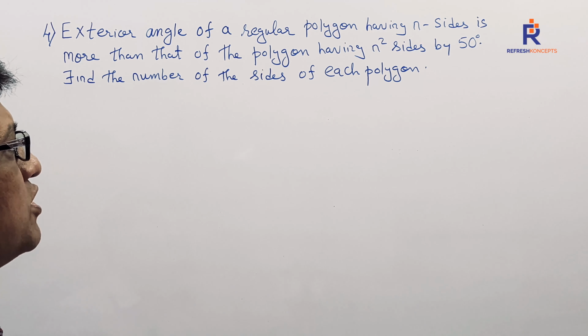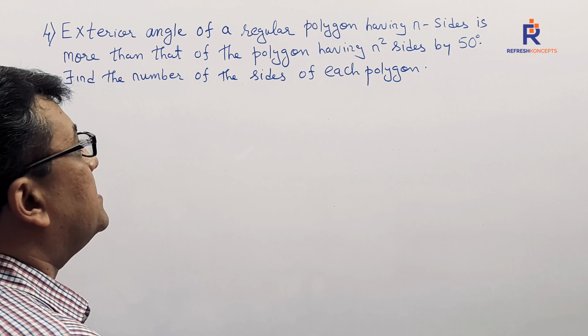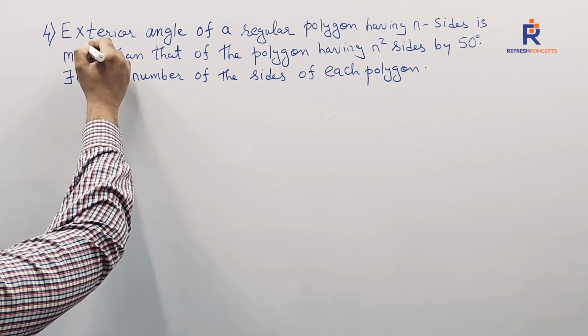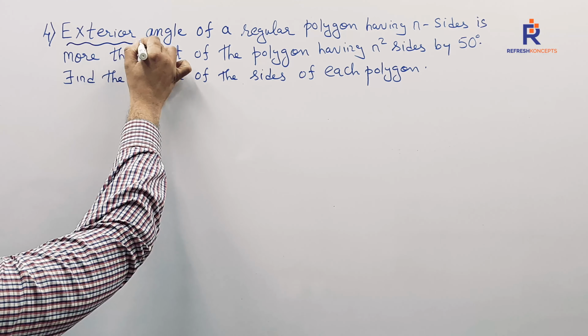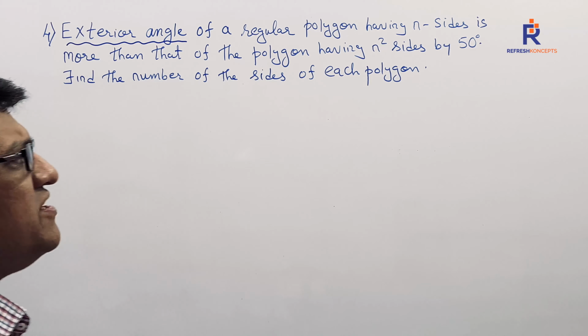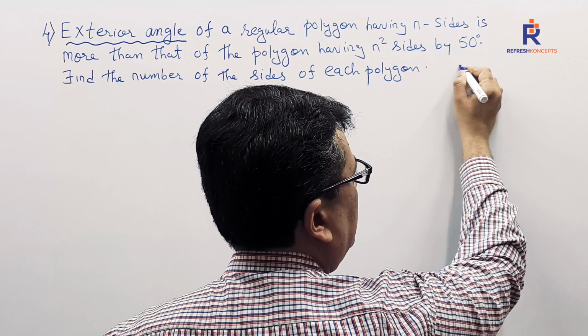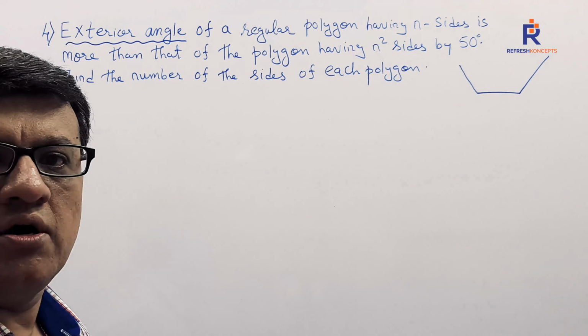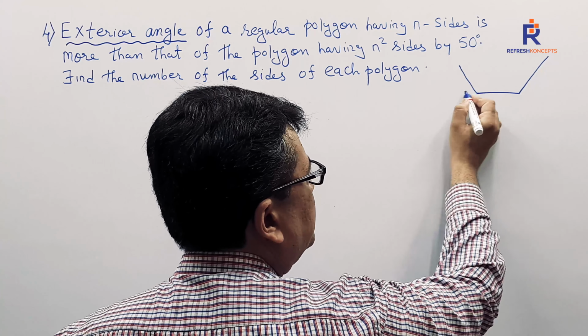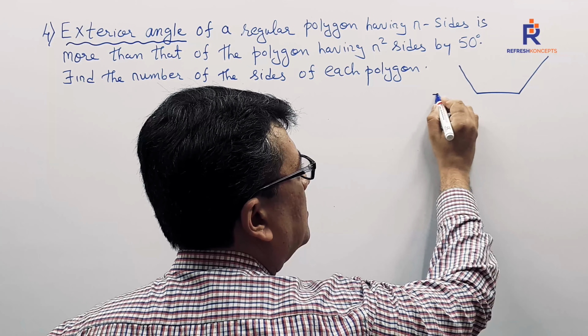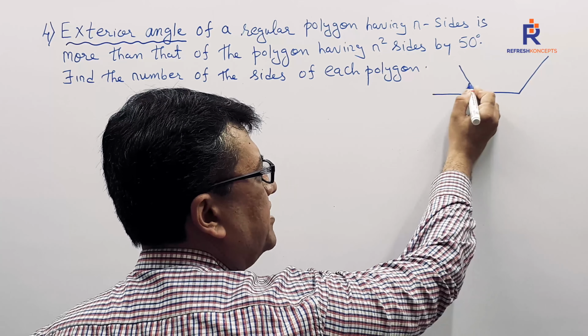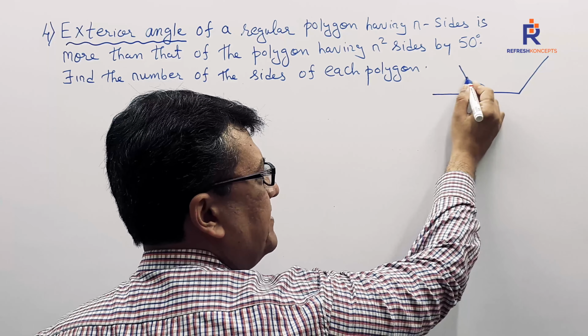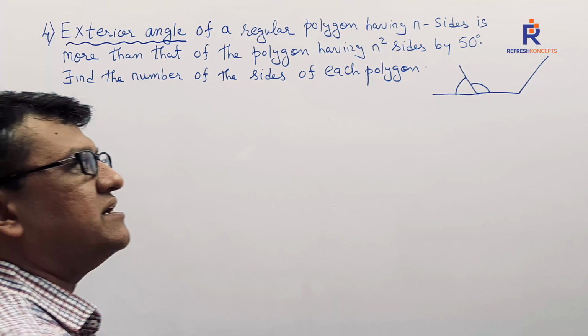Now the very first thing you have to be aware of is what the exterior angle of a regular polygon is. Say for instance a regular polygon, I'm not drawing the entire polygon, say this is one part of the polygon. This is the interior angle and this angle is termed the exterior angle.